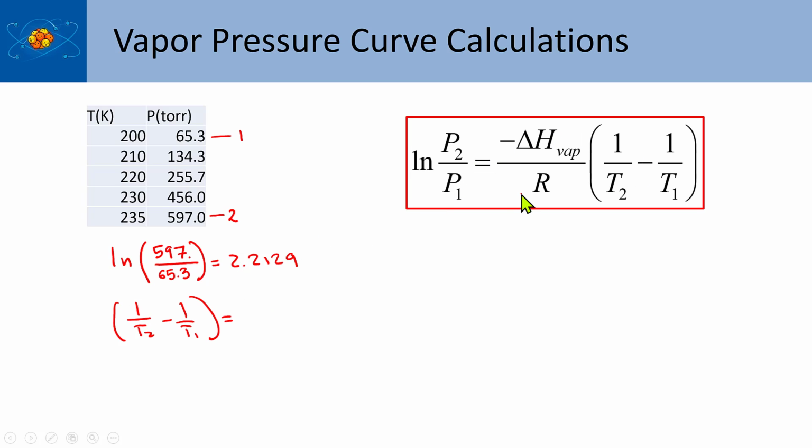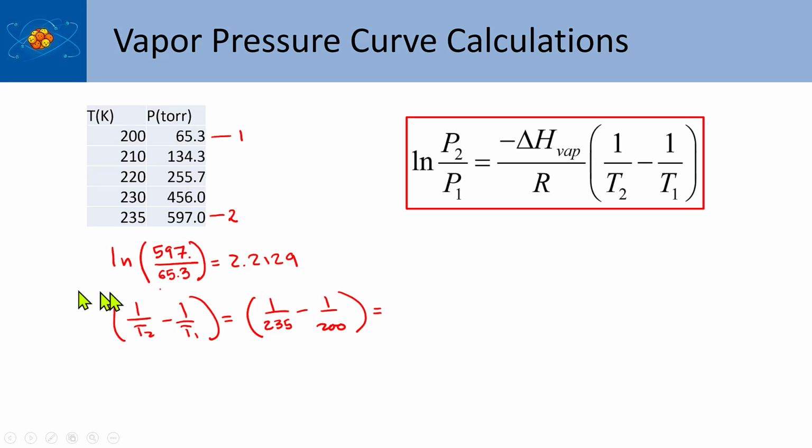I'll rearrange all this later and plug in all these values that we're calculating. But I'm just showing the bits and pieces of it right now. So we're going to do 1 over T2. So we have to look for T2. That's going to be 1 over 235, right? Minus 1 over 200. And then we'll calculate what that value equals.